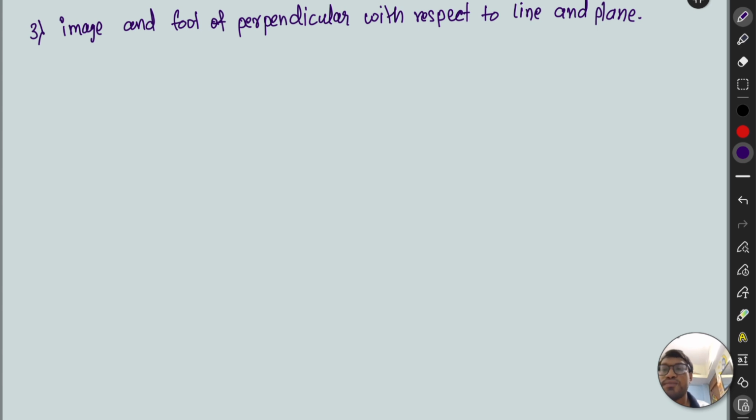So the third point of our lecture is the image and foot of perpendicular with respect to a given line and plane.